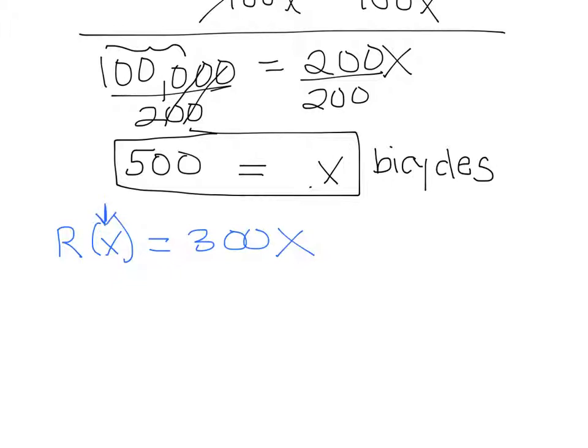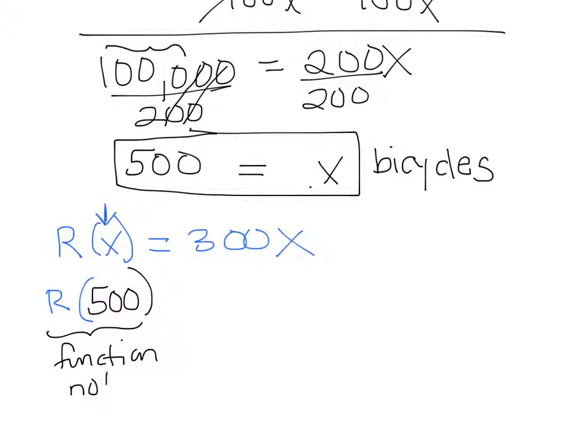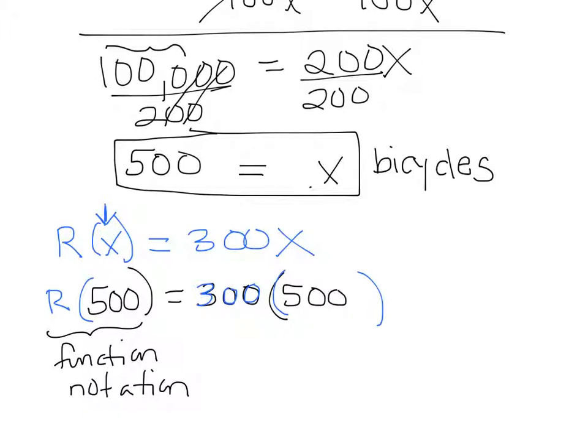What's our input? R of 500. This is the function notation that we've been working with. That just means 300 times 500, since x is 500.